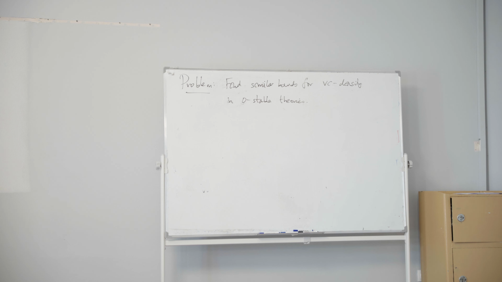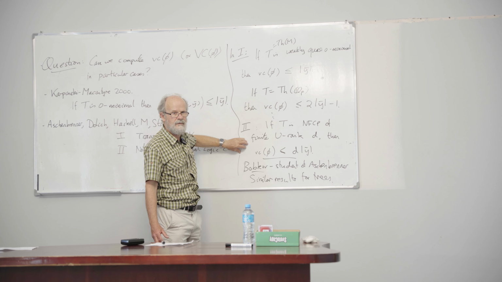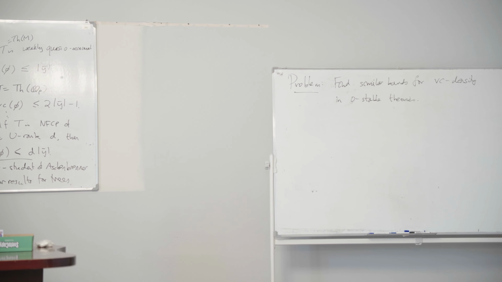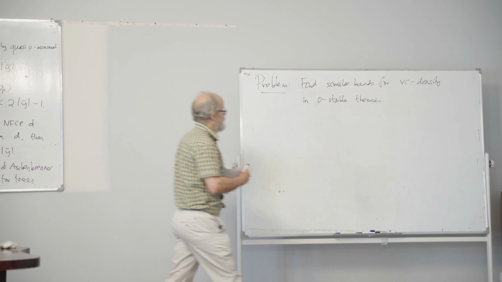So we have some methods for handling ordered structures, and we have some methods for handling stable structures. So maybe these methods can be combined, or maybe, I don't know, maybe o-superstable, I don't know.